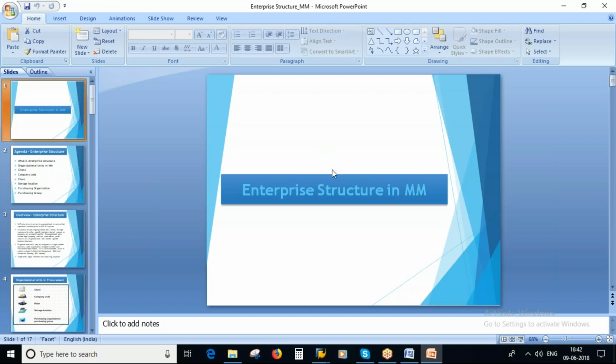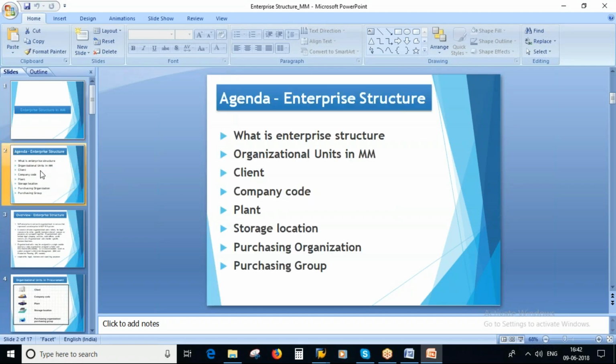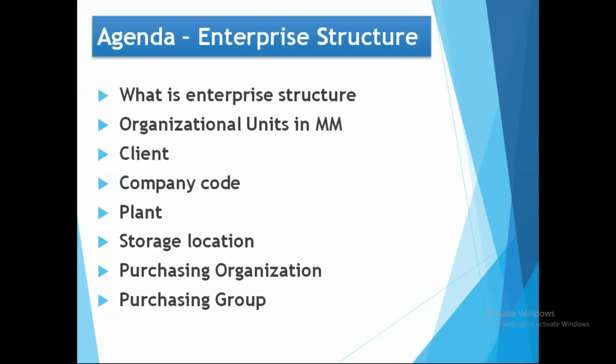Enterprise structure in SAP. Here are the topics we'll be covering. We will see what is enterprise structure, and what the organizational units are. You can unmute whenever you want to ask questions. Okay. Thank you, sir.